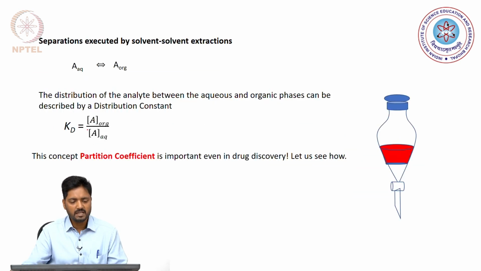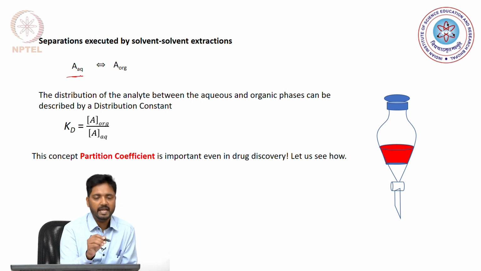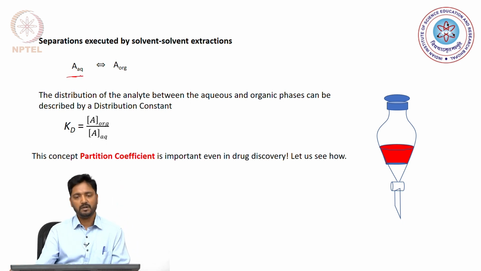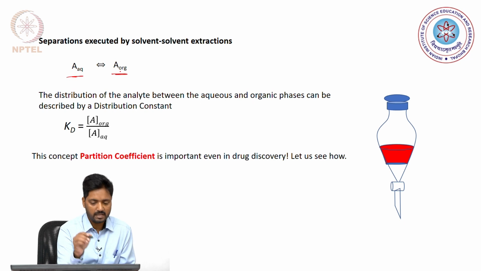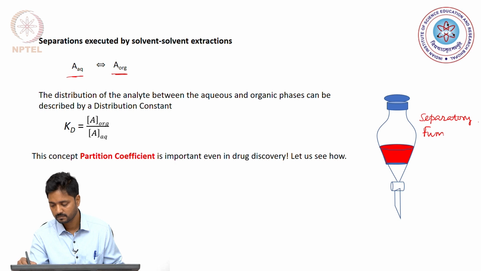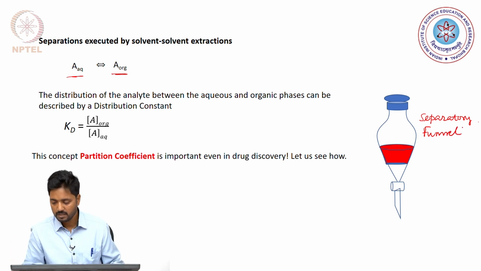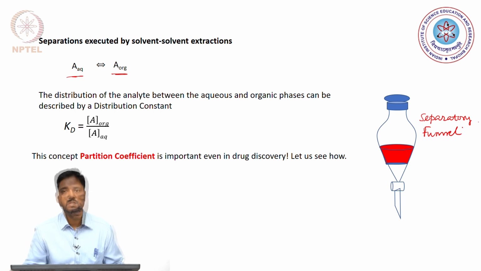So, basically, separations executed by solvent extractions rely on an equilibrium that happens when the analyte A moves from an aqueous layer to an organic layer, and we use this separatory funnel to execute the solvent extractions.